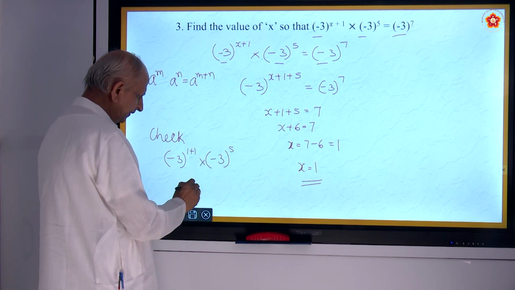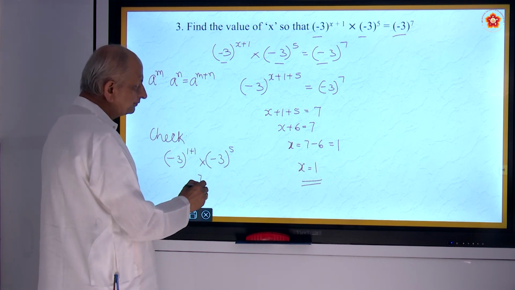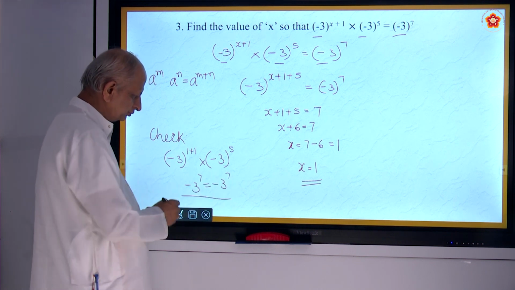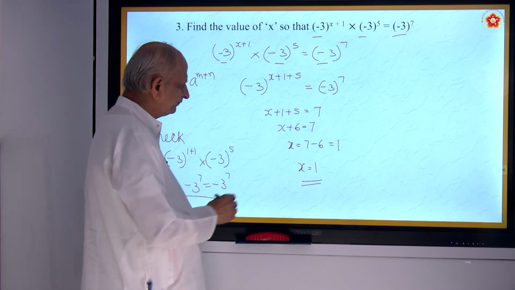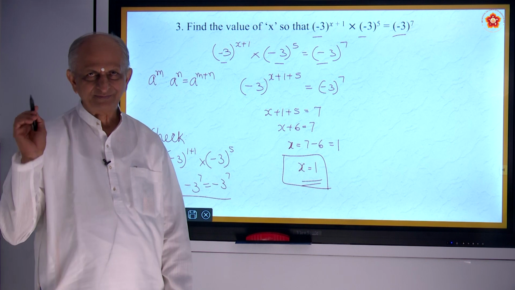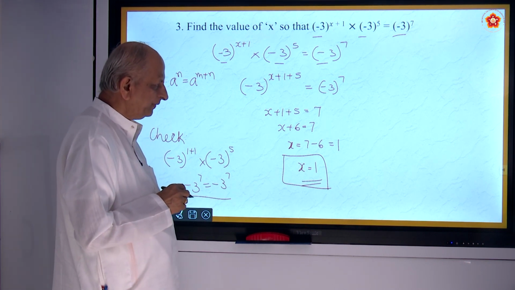How much will it be? Minus 3 to the power of 2 plus 5, 7, is equal to minus 3 to the power of 7. So the left hand side is equal to the right hand side, and therefore the value of x equal to 1 is correct. Understood? So shall we pass on to the next question?